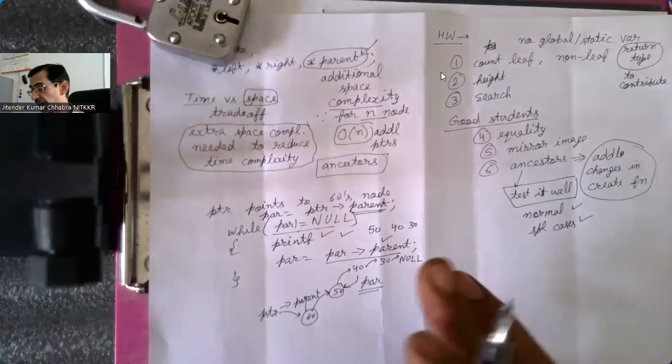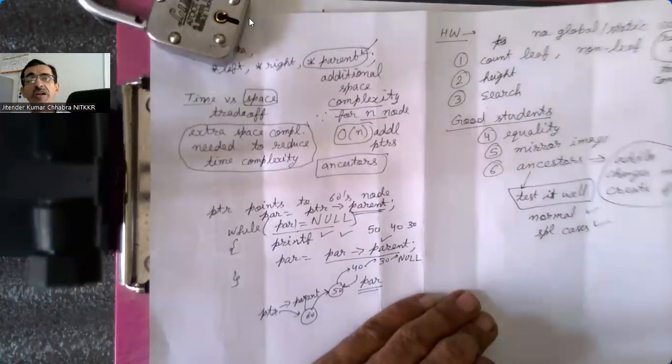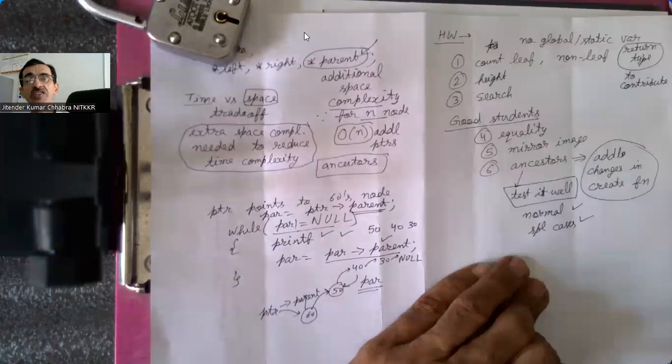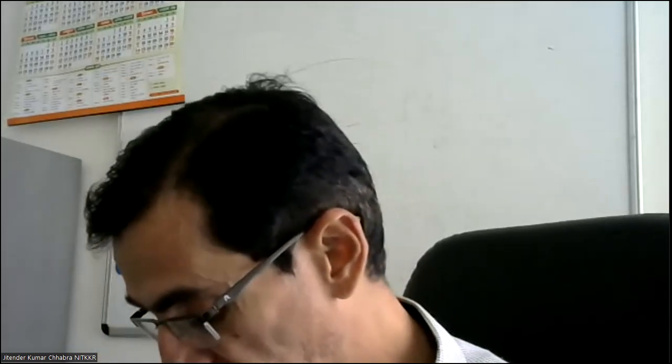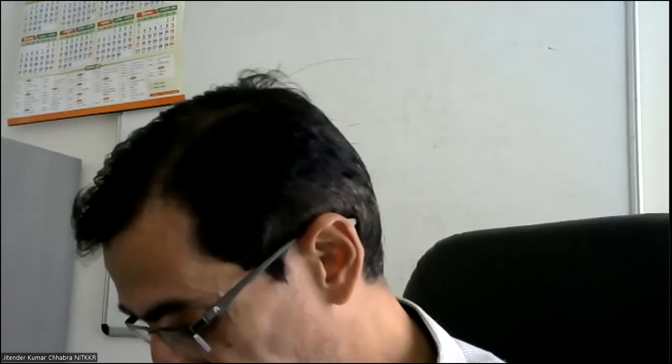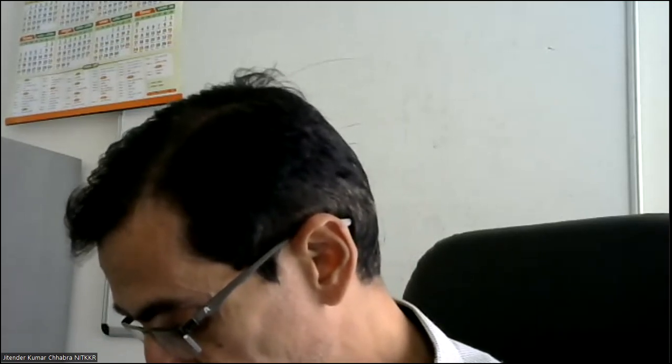With this, I will stop, wishing you great success, and try to do all this. This will give you great learning and you will be able to really visualize. The thumb rule is always you should be able to visualize the recursion working. You must ensure that you are able to do that.